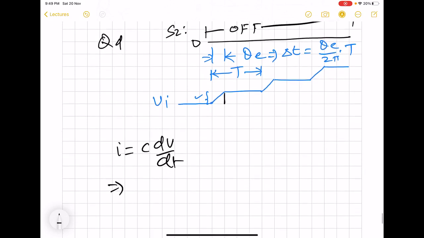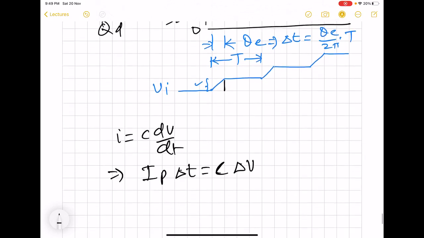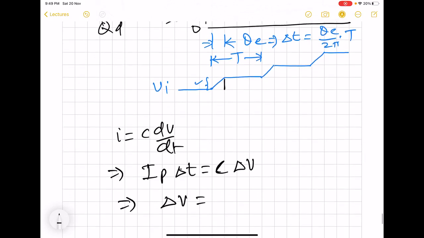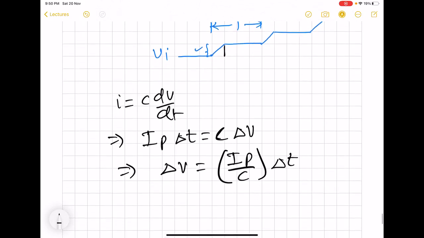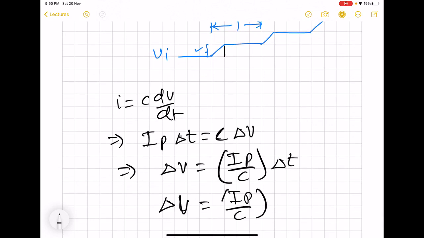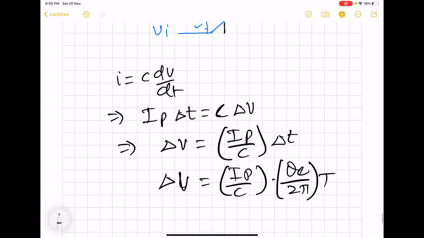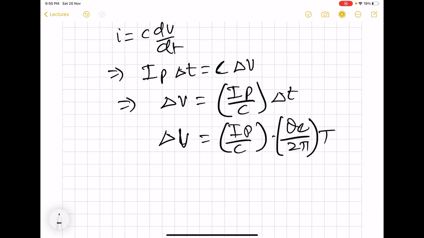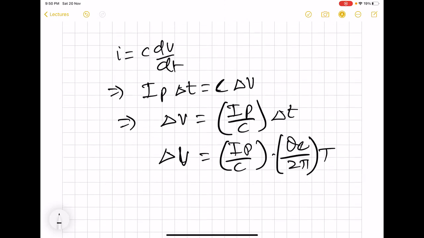So this can be approximated to: the current equal to Ip into dt, which is delta t, approximately C delta V. So we see that the rise in the voltage delta V will be equal to Ip by C into delta T. And this delta T we have already found out is equal to the phase error divided by 2 pi into the time period of the waveform. This much of rise in the voltage will occur for theta e phase error.